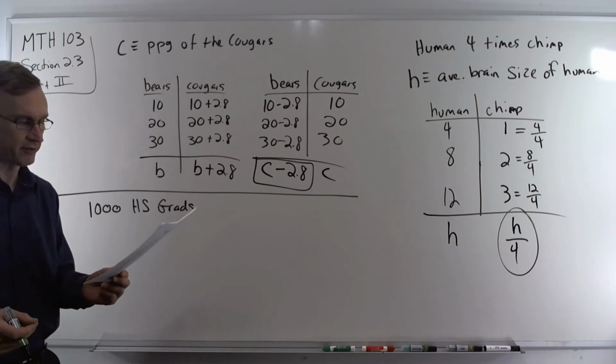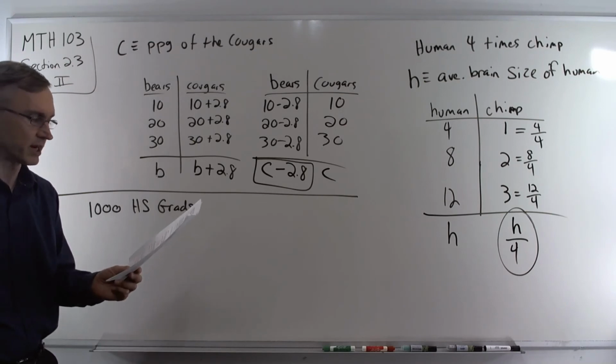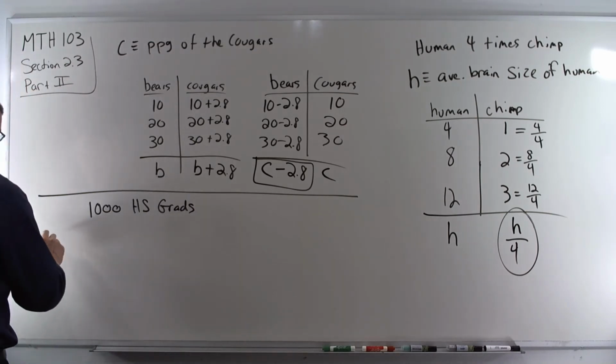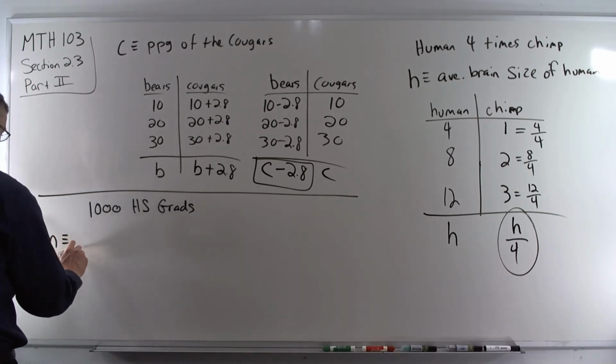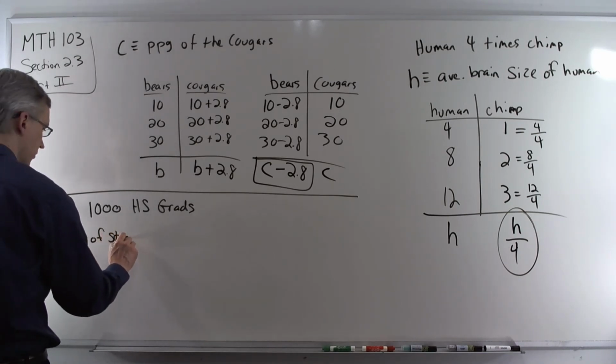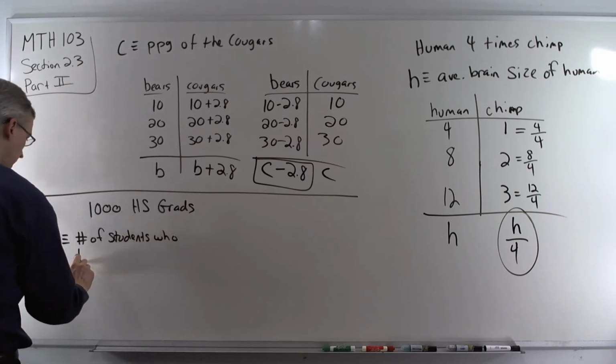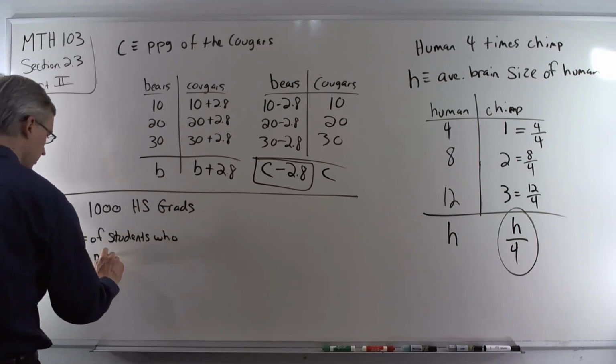All right, locate the key phrase in terms of. What comes after that? The number of students who do not plan to attend college. So there's our variable. I'm going to define n to be the number of students who do not plan to attend college.